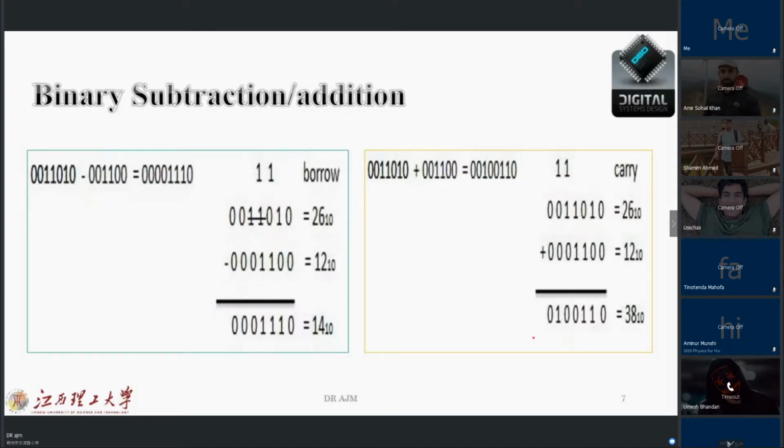After the completion, as I know in the decimal section, we know the answer is 14. Then if we convert the binary result to decimal also, we can see that the answer is 14 again.